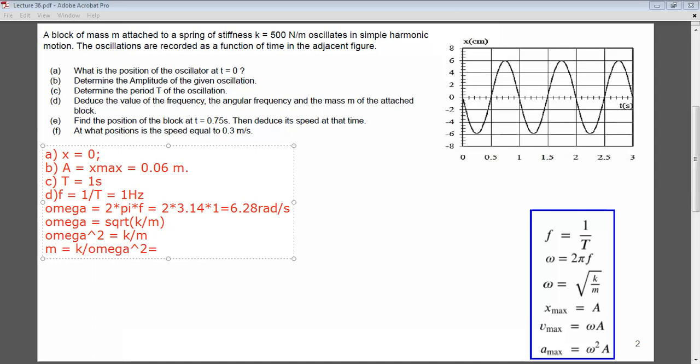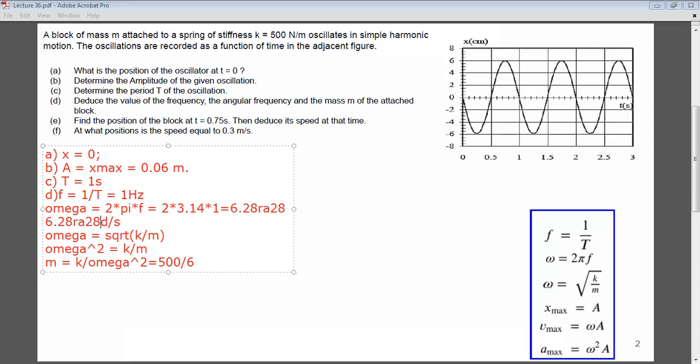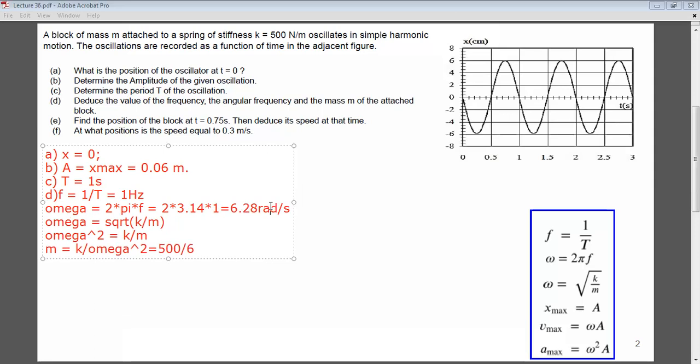Just put the numbers. K is 500 divided by omega squared, which is 6.28 squared. And this gives me 12.68 kilograms.